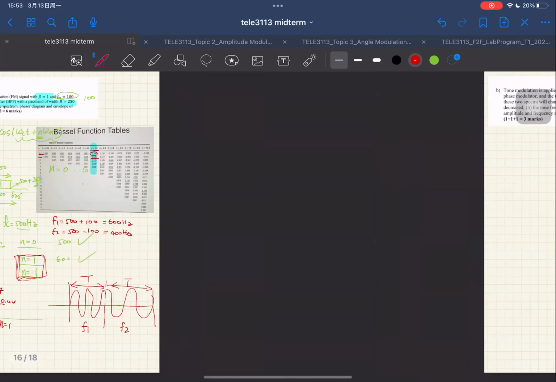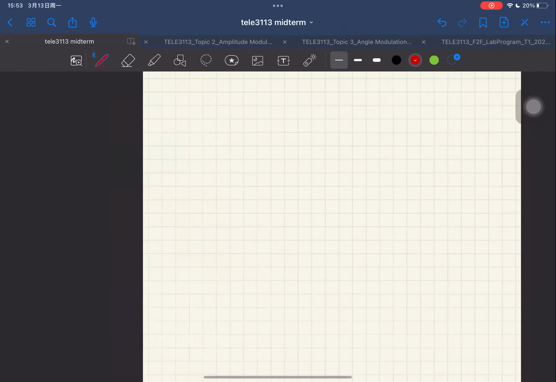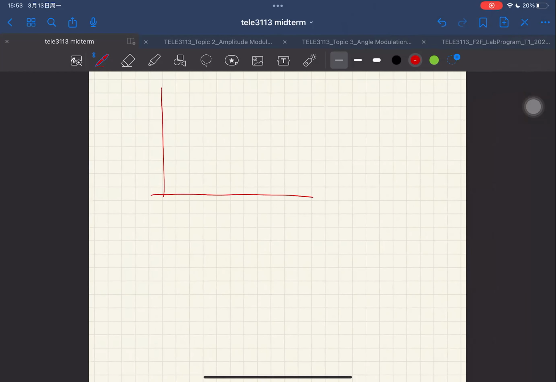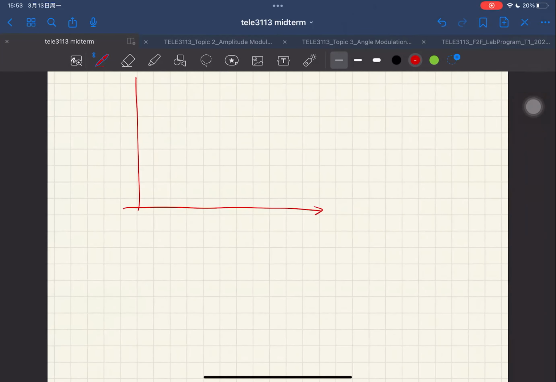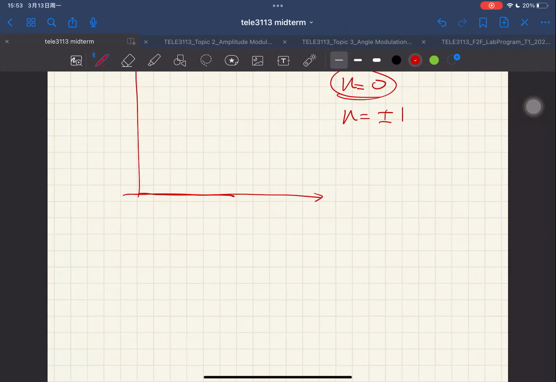And for the rotation phasor diagram, you got n equals 0 and n equals plus or minus 1, right? When n is equal to 0, you only look at your carrier component, which I'll just call AC.